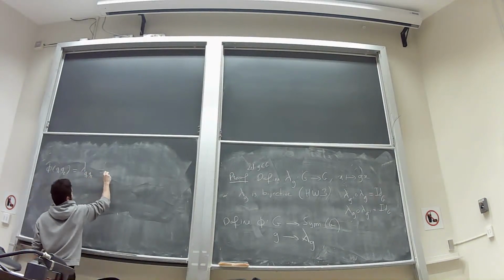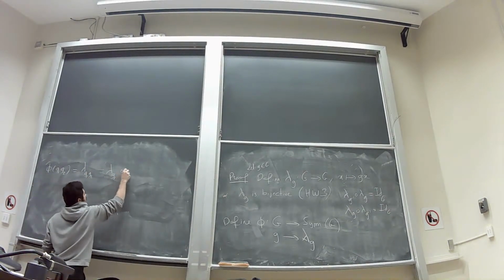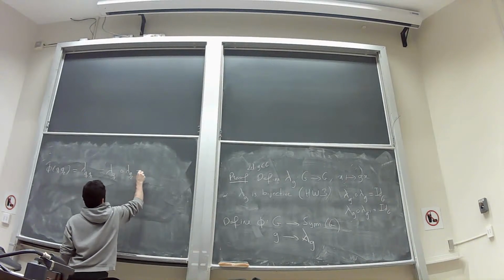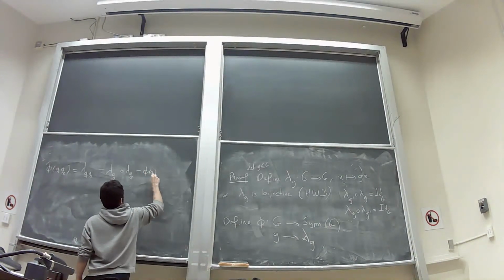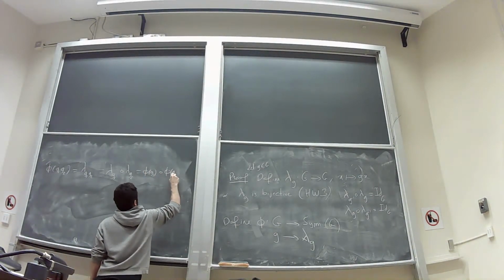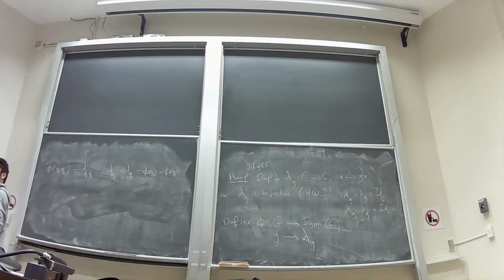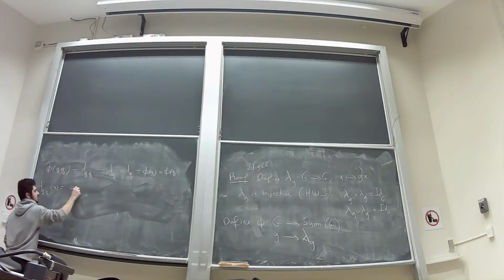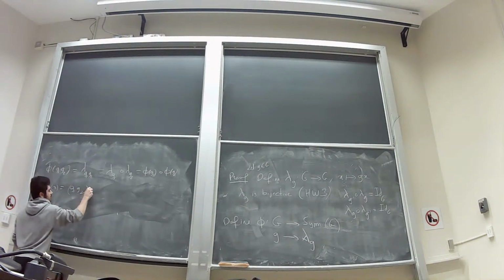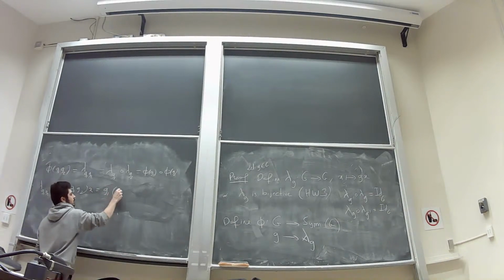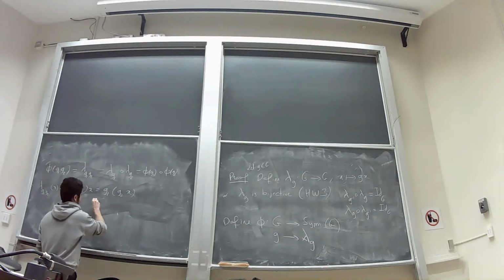Now I need to show that this is just lambda_{g1} composed with lambda_{g2}, which is phi of g1 composed with phi of g2. Now why is this true? Well, what is lambda_{g1 g2} of x, for x in G? This is just g1 g2 x. This is just g1 times g2 x.